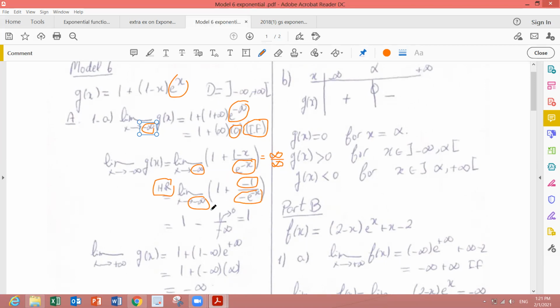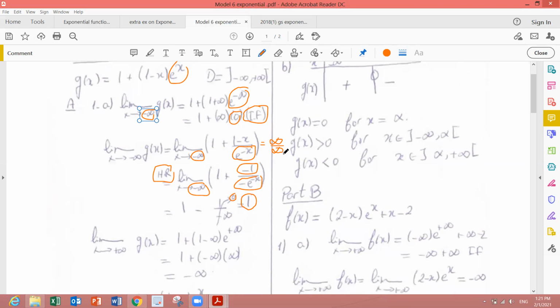Equal, we replace x by minus infinity, equal 1 minus 1 over e to the plus infinity is a plus infinity times minus, we see minus infinity. So 1 minus 0, since number over infinity is 0, we get 1. So limit as x tends to minus infinity is 1.